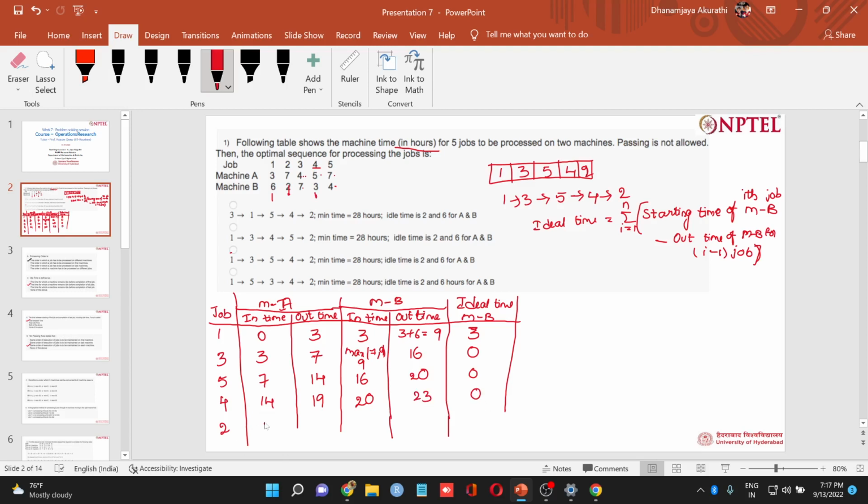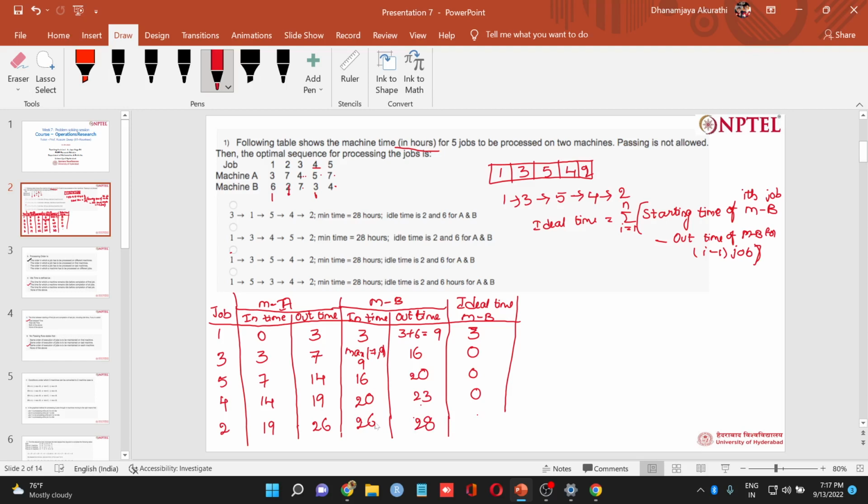And to do job 2, the in time is 19 hours, and the out time is 19 plus 7 hours for doing job 2 on mission A, so 19 plus 7 is 26 hours, and the in time for mission B is 26 hours, because the maximum time is 26 here, and the out time is 26 plus 2 is 28 hours.